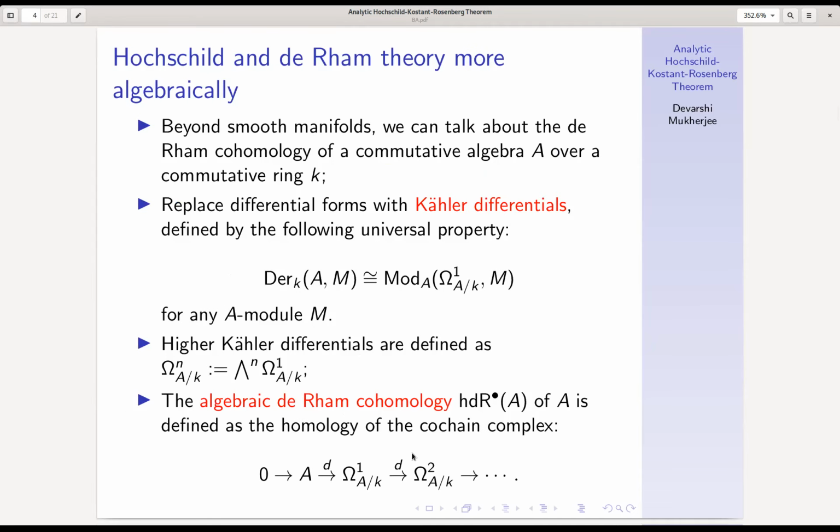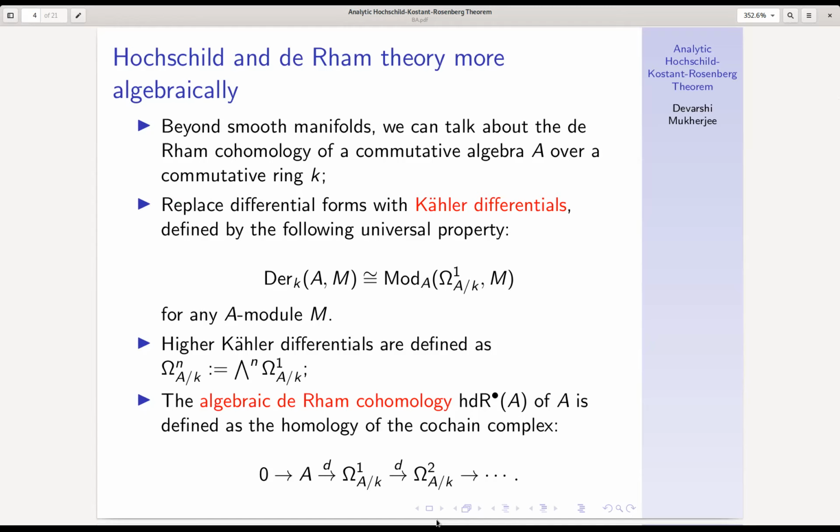But let's turn to the algebraic versions, because this is the route I'll take to talk about the analytic versions. Things like differential forms and de Rham cohomology can be talked about for any smooth commutative algebra, and then for any commutative algebra over a commutative ring.